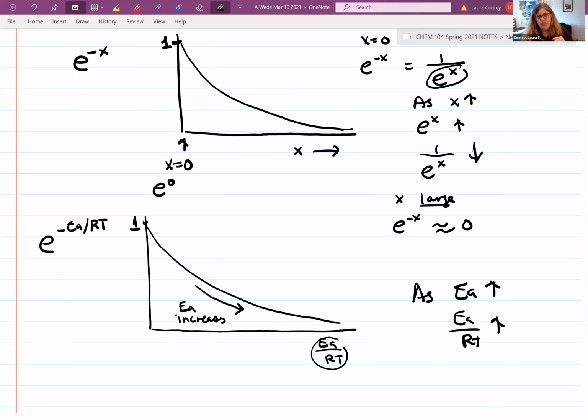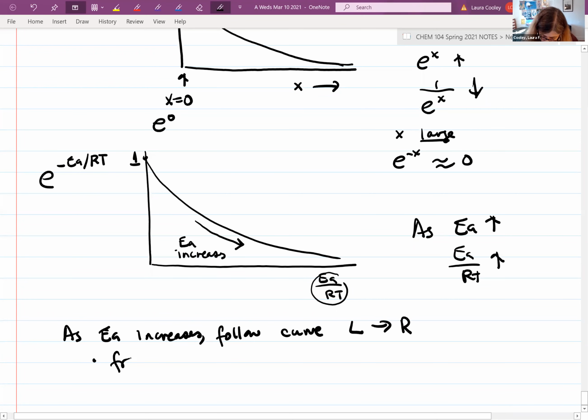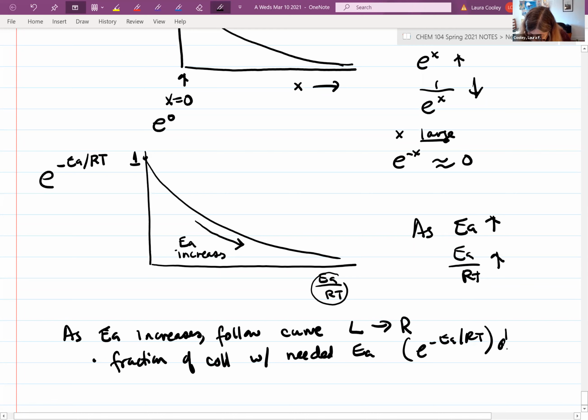As the activation energy increases, there are fewer molecules that have the needed energy. So as Ea increases, follow the curve from left to right, and the fraction of collisions with the needed activation energy, which is this e to the minus Ea over RT, drops.